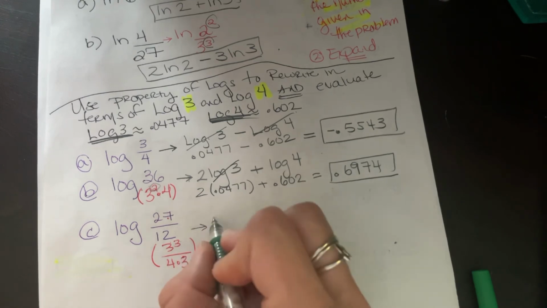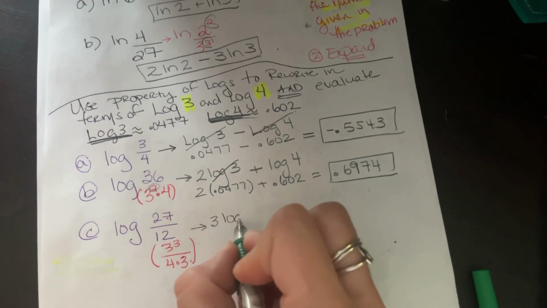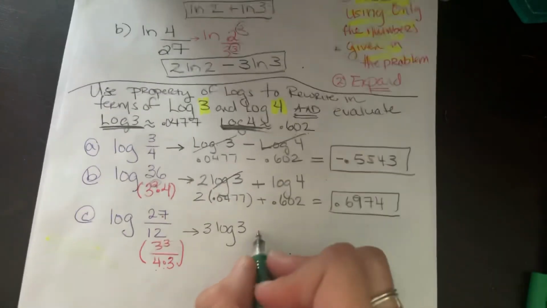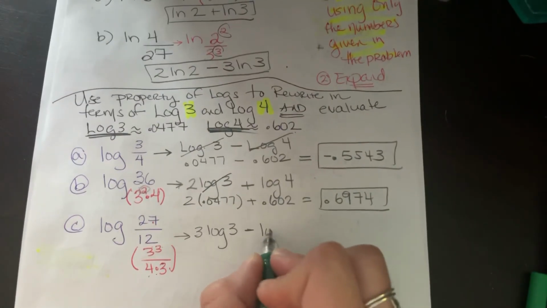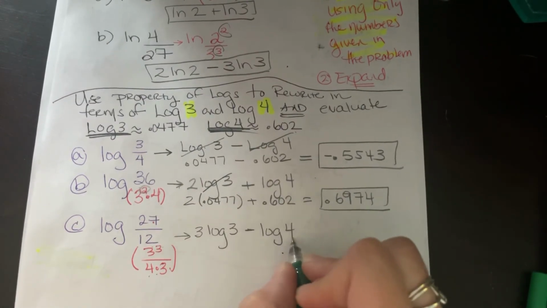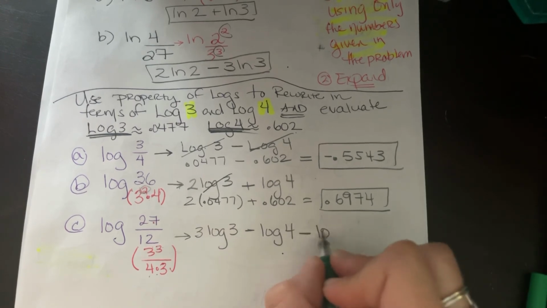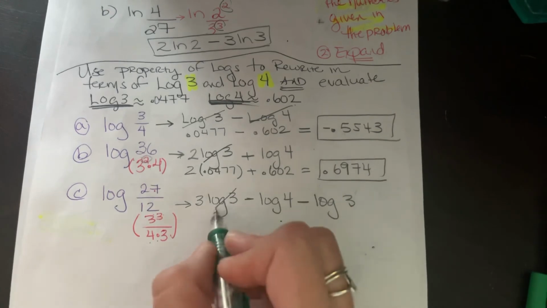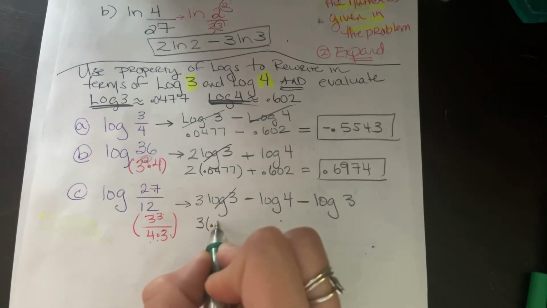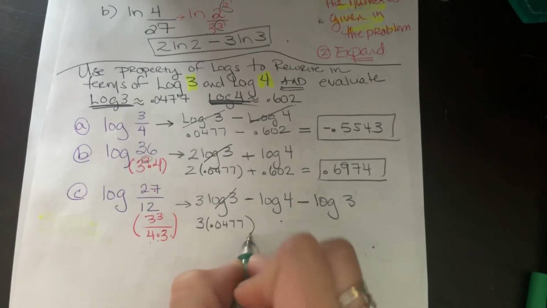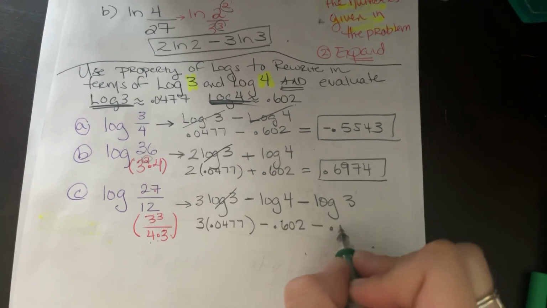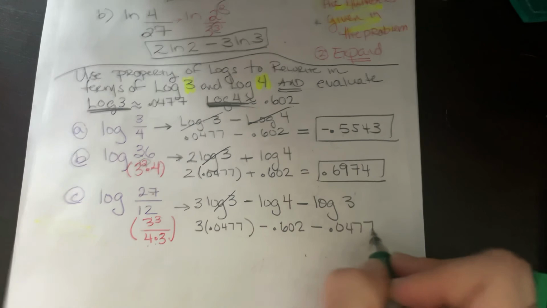Okay, so here we go. We got a 3 exponent. Log 3. Up. Division. So we got a minus. Log 4. I'm going to keep it like I told you. I like to then do minus log 3. Any divisions are minus. Let's replace 3 times 0.0477 minus 0.602 minus 0.0477.